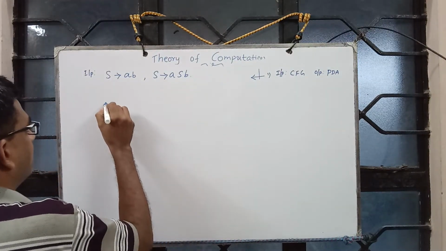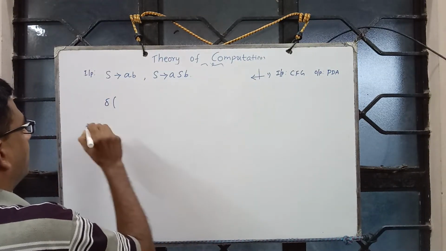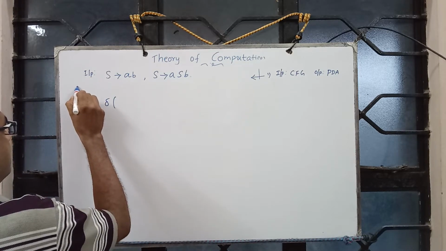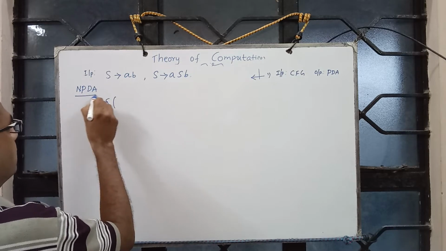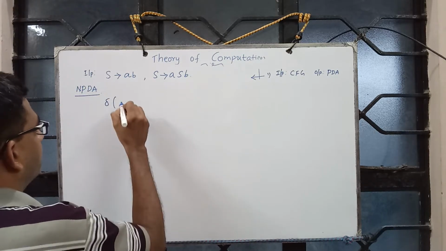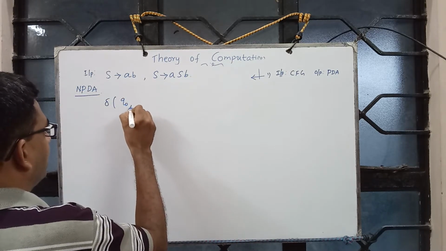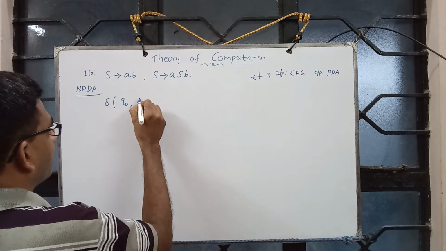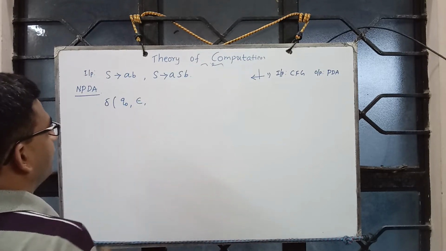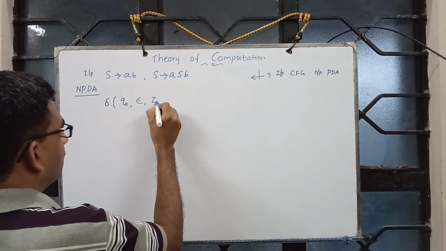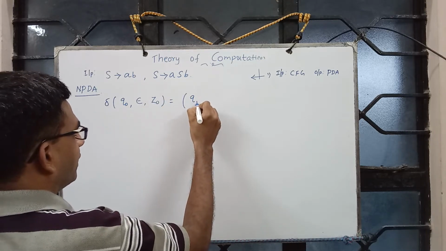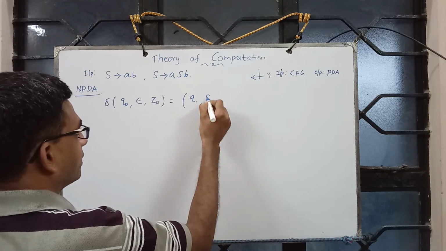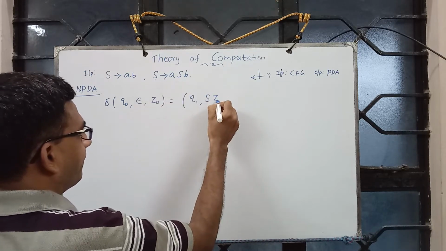Here is the construction. Delta of what we construct as a non-deterministic pushdown automaton. So delta of Q0, initially without reading anything, what we do is we push the start symbol.